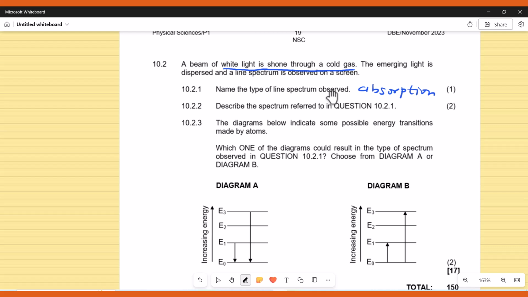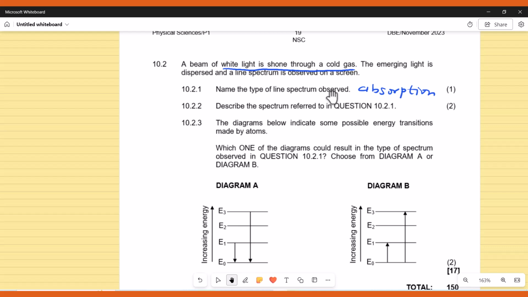Because we had white light passing through the cold gas, it's going to be continuous, but where we have absorbed those colors, it's going to be left as dark lines. Where we have absorbed those colors, will be left as what? As darker lines.